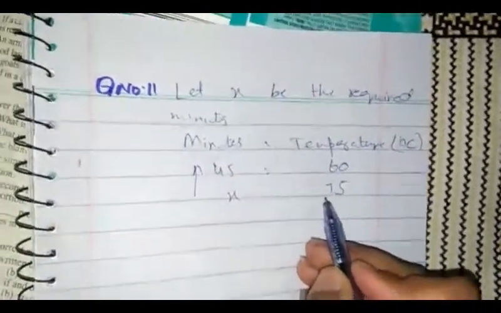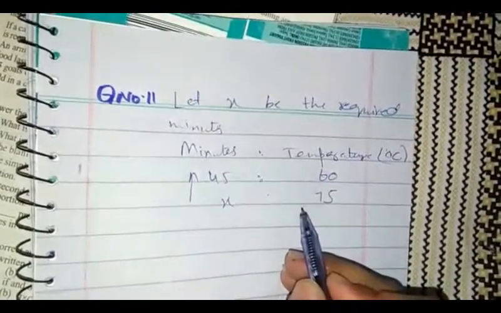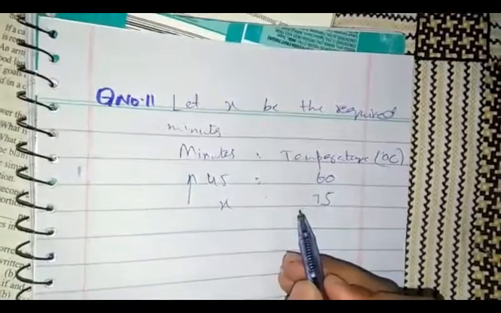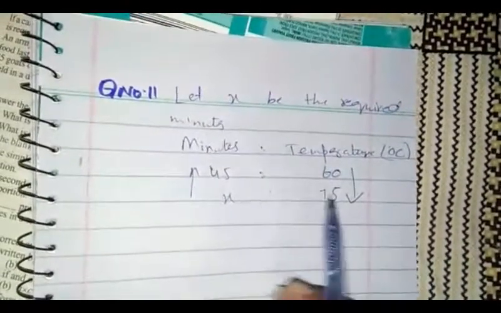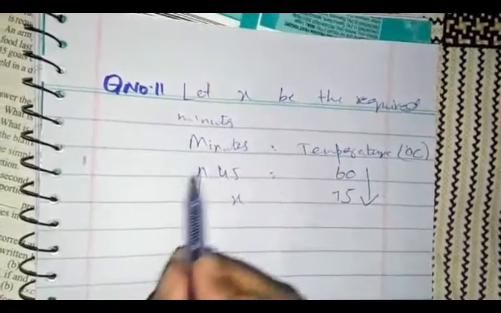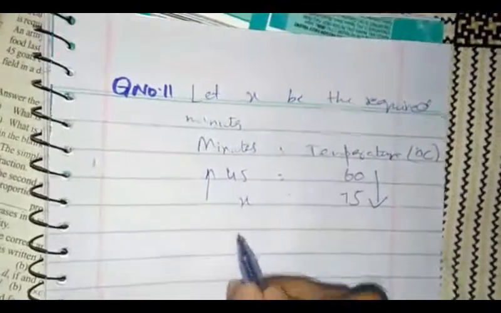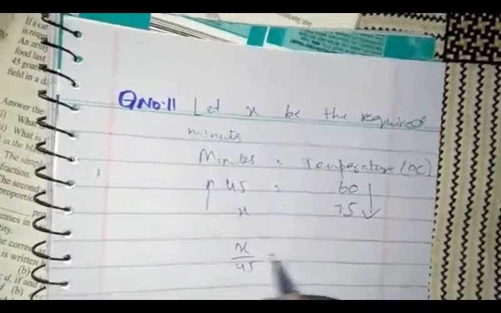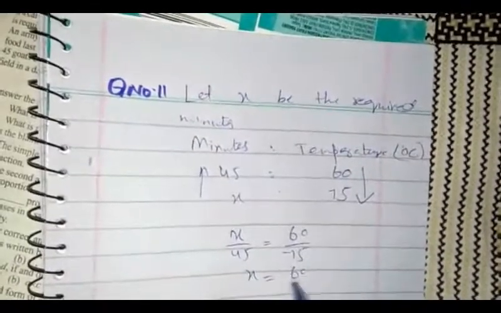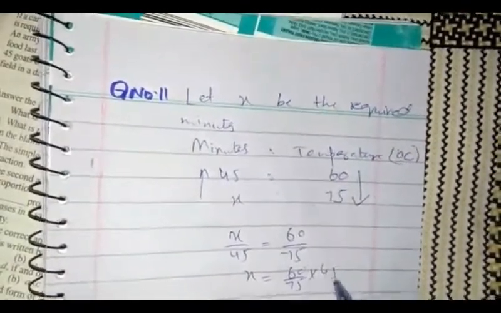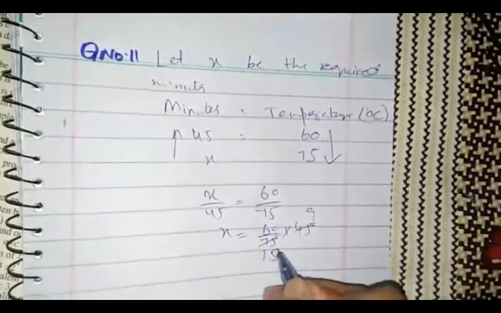Students, if the temperature increases, then the quantity of the work done decreases. So this is also inverse proportion. If the temperature increases, then the ability of a machine to do work decreases. So x over 45 is equal to 60 over 75. X is equal to 60 over 75 multiply 45. 5 9s are 45. 5 15s are 75.